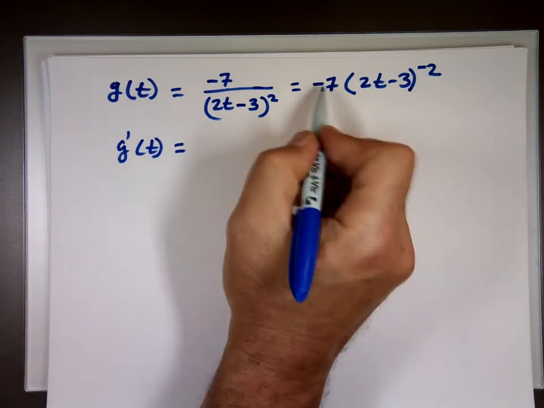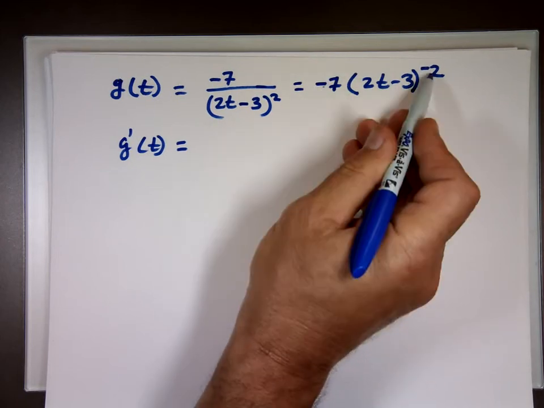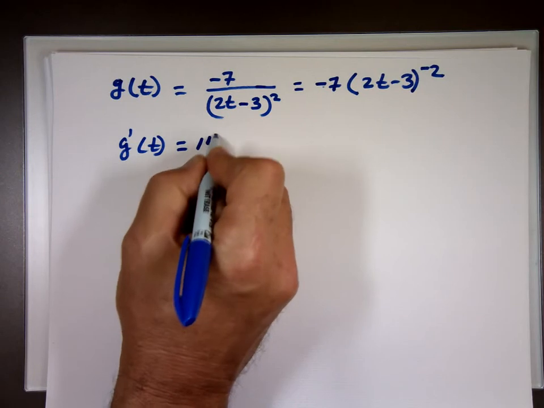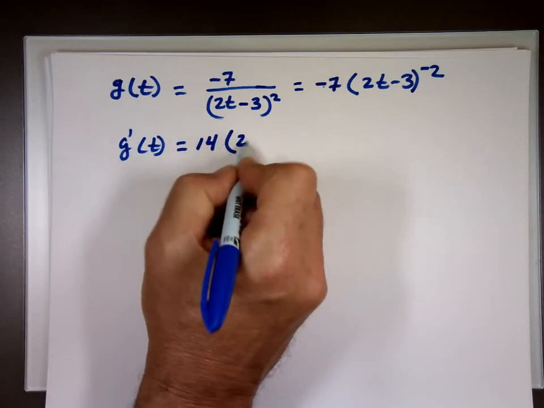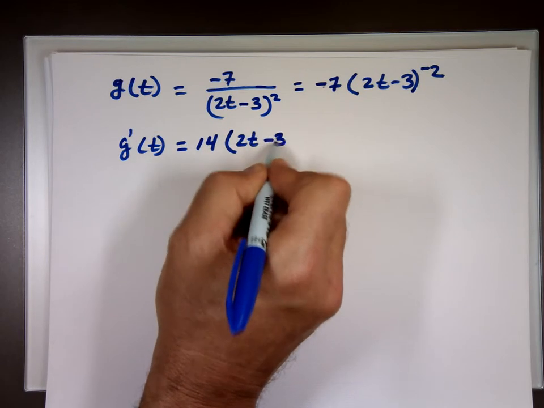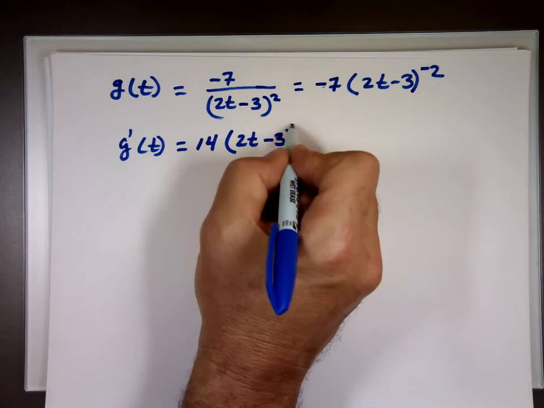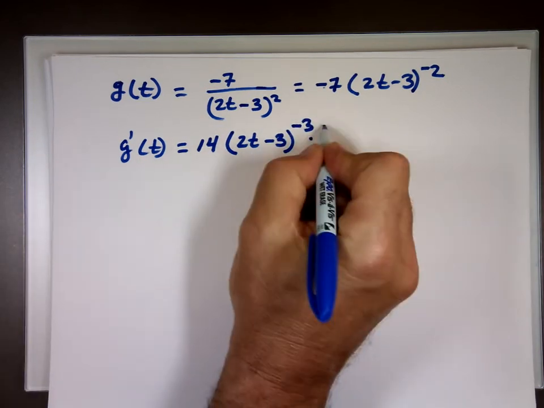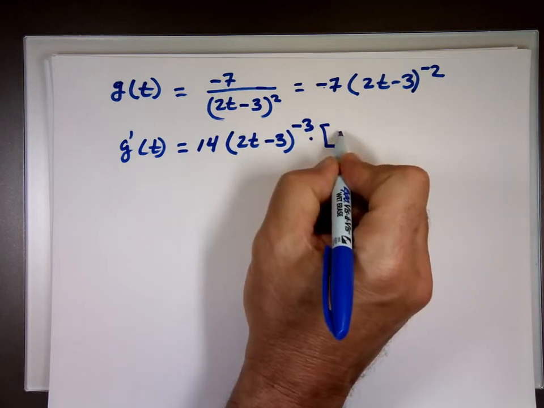Negative 7 times a negative 2. Remember, if you have numbers, you can multiply them out in the front. What's negative 2 times a negative 7? Positive 14, right? 2t minus 3 to what power? Minus 3, very good. Subtract 1 from the power. Times the derivative, what's inside of that, which is 2.